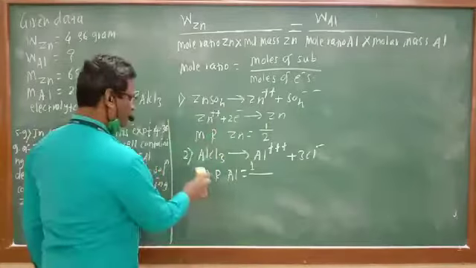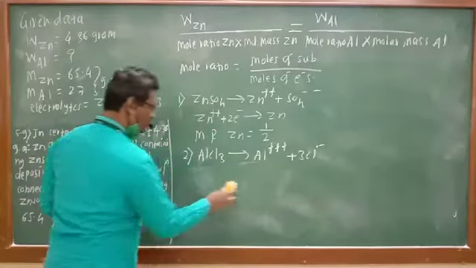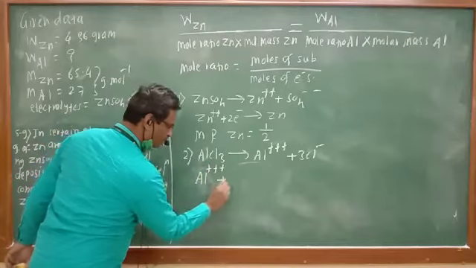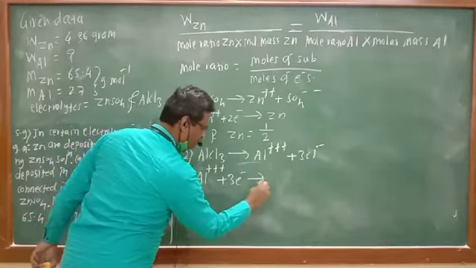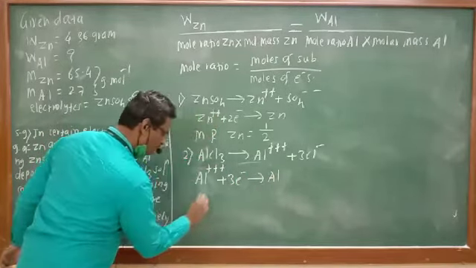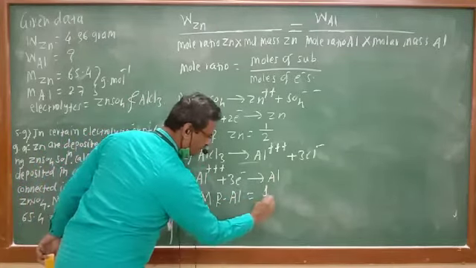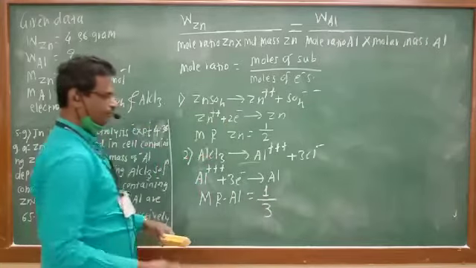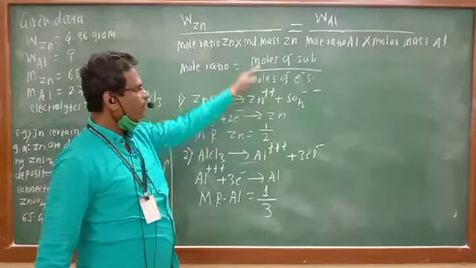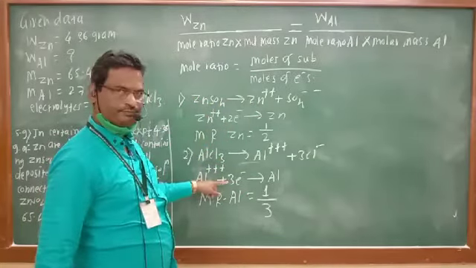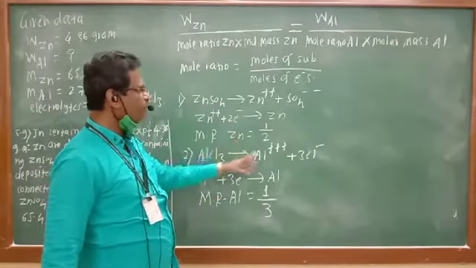I am writing the reduction reaction here once again: Al3+ plus 3 electrons gives Al. Now you can easily write the mole ratio of aluminium is equal to 1 upon 3, because 1 mole of substance and 3 is the moles of electron. So 1/3 here, and here it is 1/2.